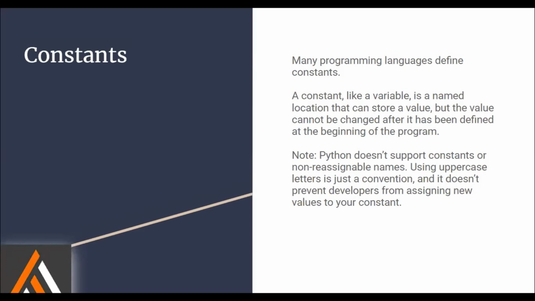Again, there is a note that Python does not support constant or non-reassignable variables. So just giving variable names in capital letters doesn't make those variables constant. Let's see with an example.